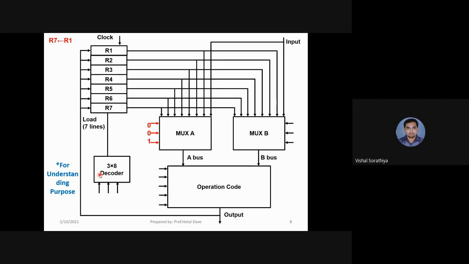For this, R1 transfers to R7: mux A is selected, mux A gets the data, and you just need to give the opcode to R7. Just feed the opcode all zeros and the data is transferred to R7. At that time mux B is not required, only mux A does the overall work.